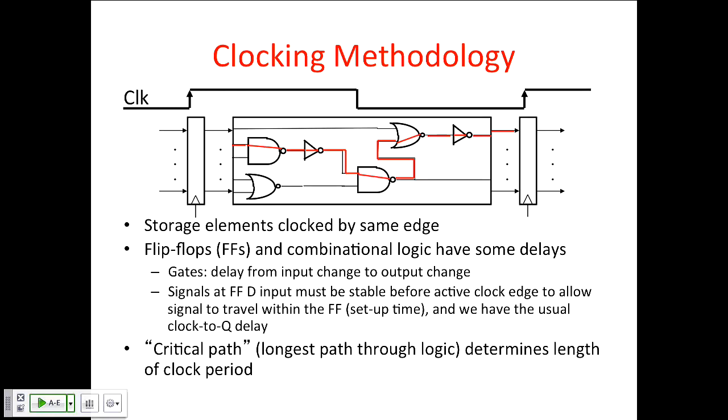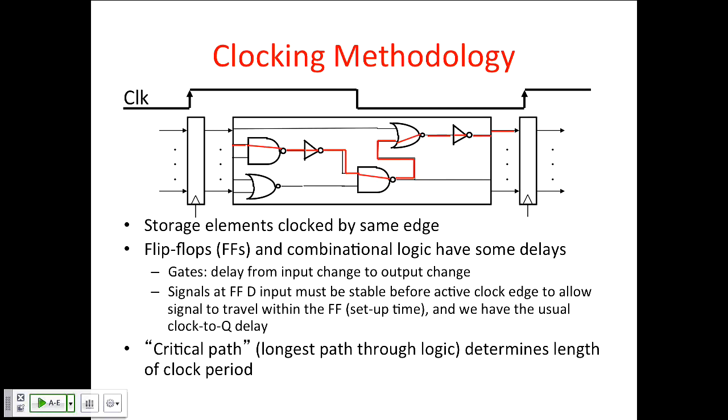And so the term critical path is used for the longest path through all that logic, to get from the beginning to the end of the clock cycle. The worst-case critical path is what sets your clock cycle time, the amount of time you have to leave, as a designer, between this edge and this edge.